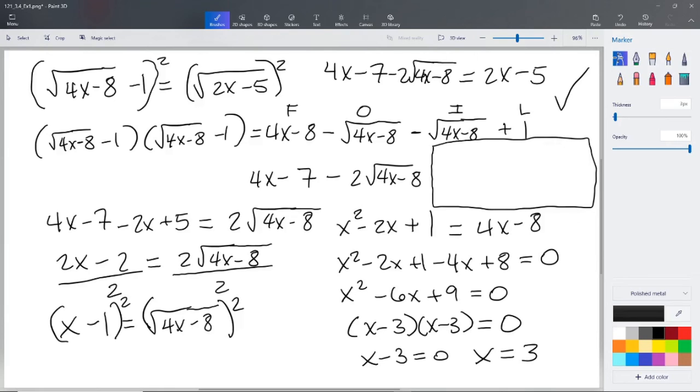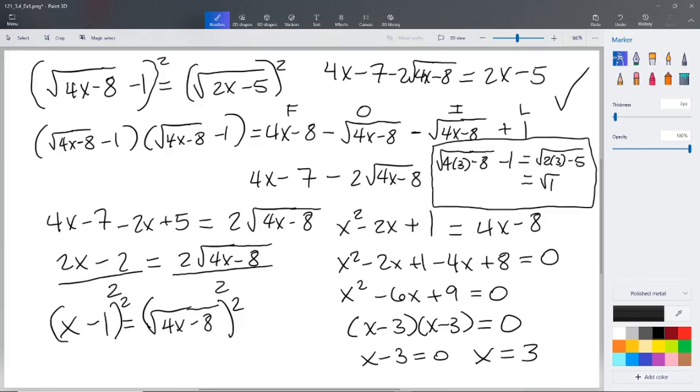In our original, we had 4x minus 8 in the radical. So we're going to have radical of 4, not times x, but times 3, and minus 8. And then there was a minus 1 on the outside of that, equal to, the radical here was 2x minus 5, so 2 times 3 minus 5. Let's do the right-hand side first here. You've got 2 times 3, 6, and 6 minus 5 is 1, so you have radical 1 here.